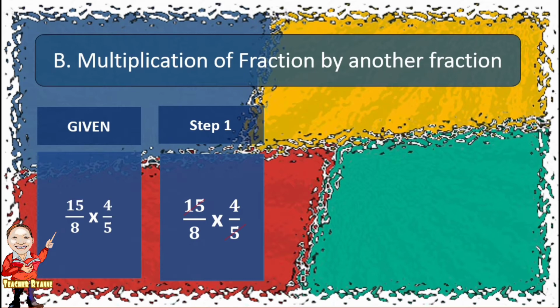Okay, very good, 5. They can both be divided by 5. So, 15 divided by 5 and 5 divided by 5.